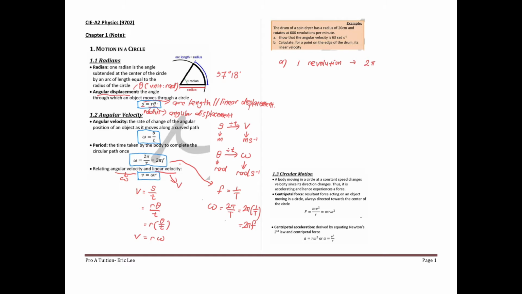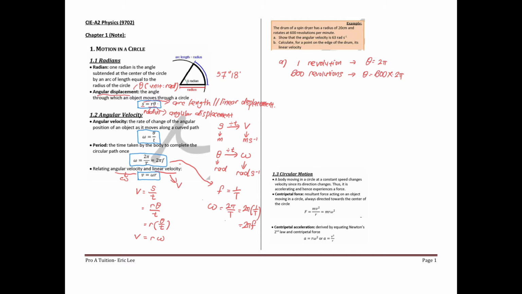So here we have 600 revolutions. So the angle will be 600 times 2 pi. Okay, so this is the angular displacement. So the angular displacement for 600 revolutions is 600 times 2 pi.